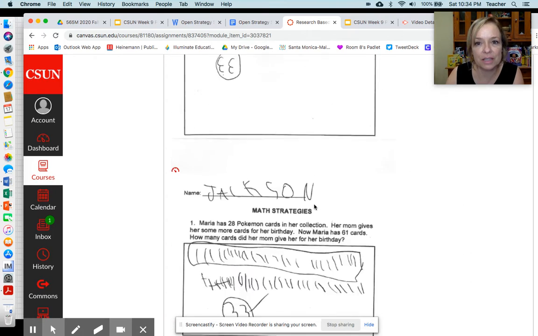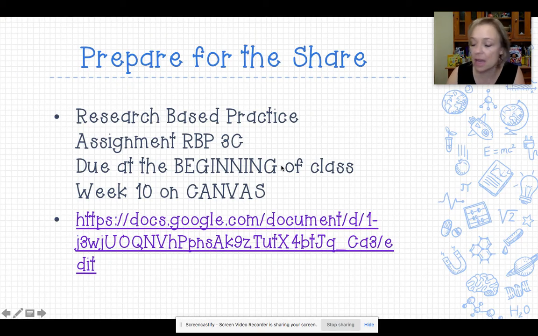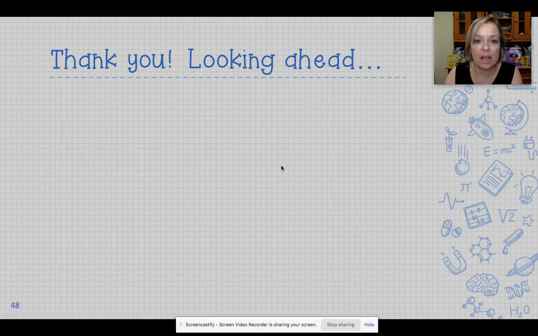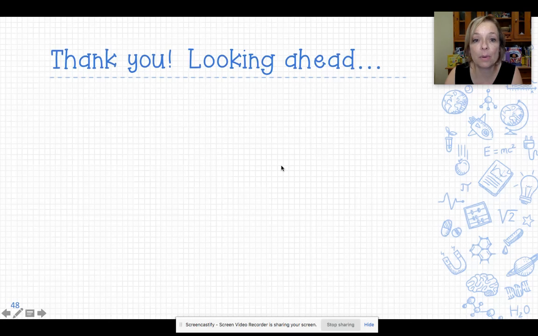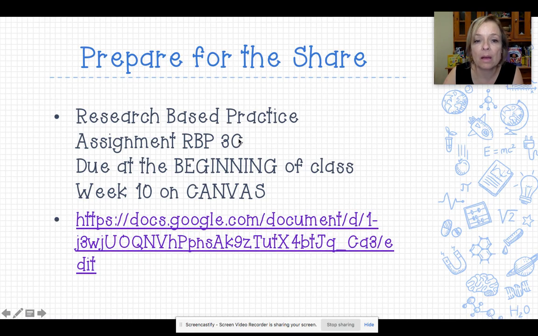So you're going to need to decide which one is going to go first, which one will go second, and which one will go third. And remember, it's important for you to be thinking about how students matriculate through the progression of direct modeling, counting, and then invented algorithms.